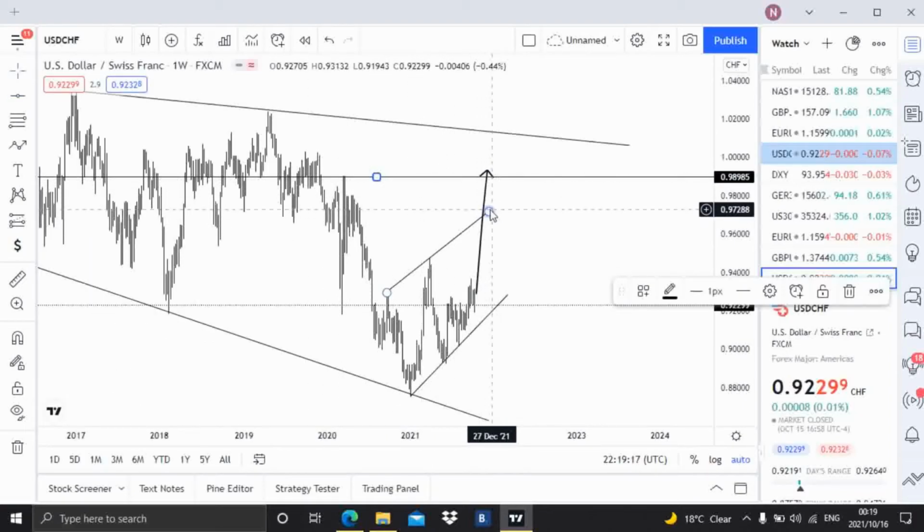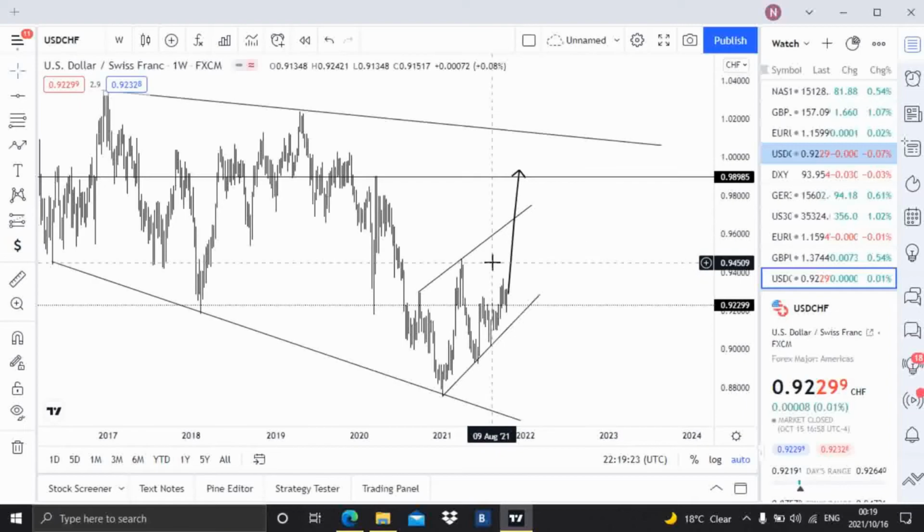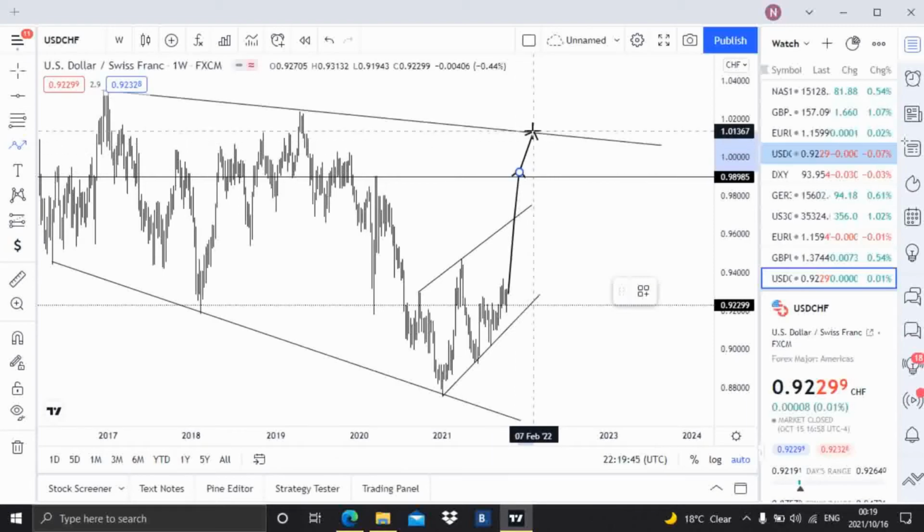This being our take profit, we would be looking at more opportunities to trade. If it breaks this trend line, this resistance here, we would be looking for buys to the next trend line, which is this one here.